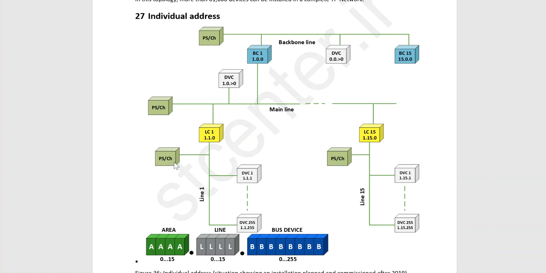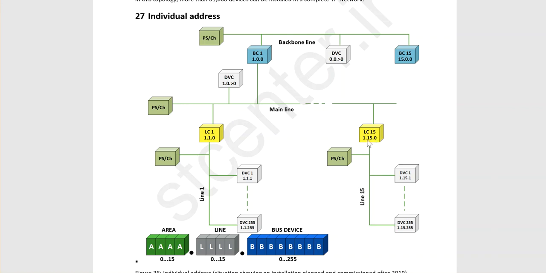There is no physical address for that. For the line coupler in line 1, area 1, it's 1.1.0. Because the third part is 0, it should be a line coupler, and it is in line 1 and area 1. Same as here, this is a line coupler because the third part is 0.